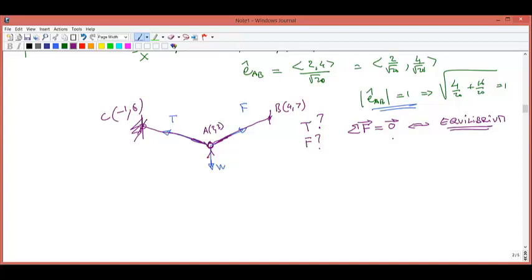That means all you have to do is express T, F, and W in component form and add them up. The problem is that F in component form has two unknowns, Fx and Fy, and T has two unknowns, Tx and Ty. Let's imagine we know everything about W.